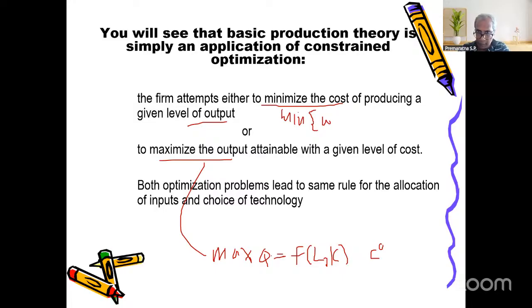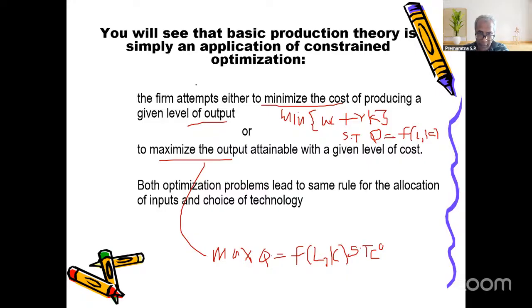Oh, okay. Yeah, what I tried to say: minimize the cost, and the constraint is the output, subject to the output constraint. So in both cases, you can see the constraint there.